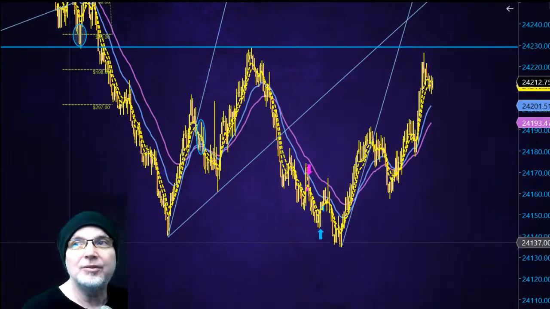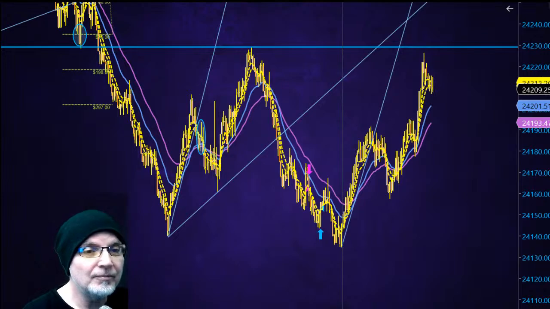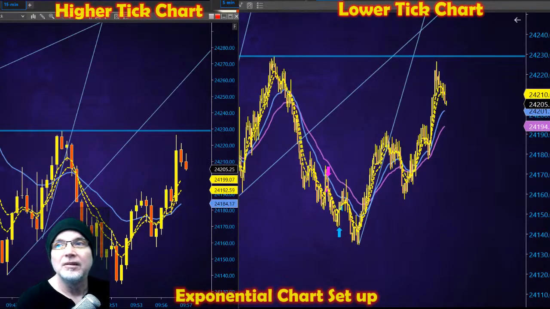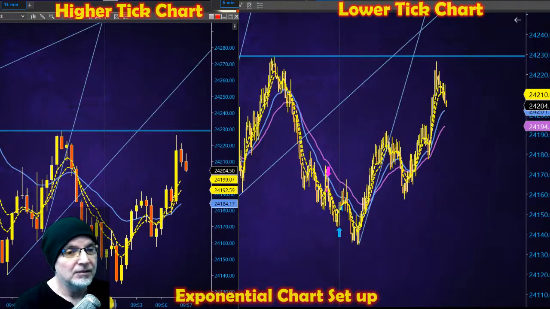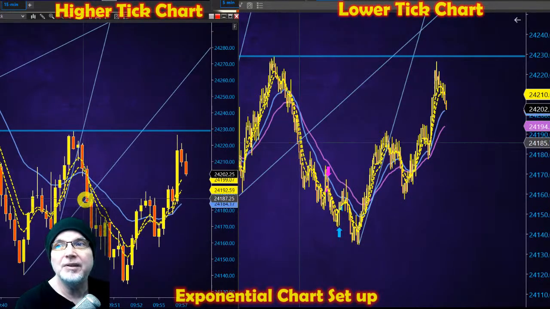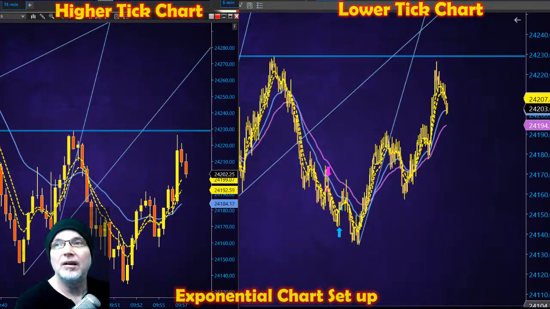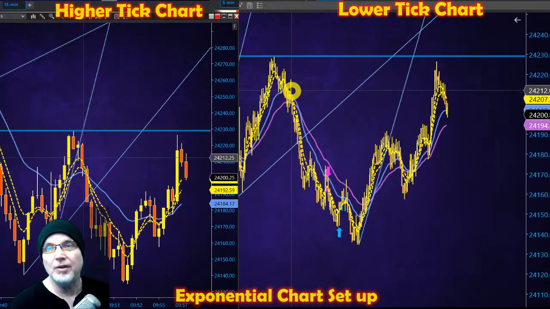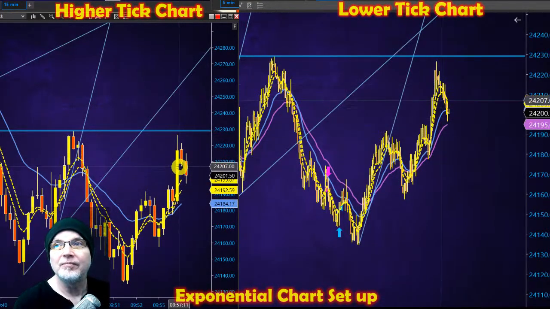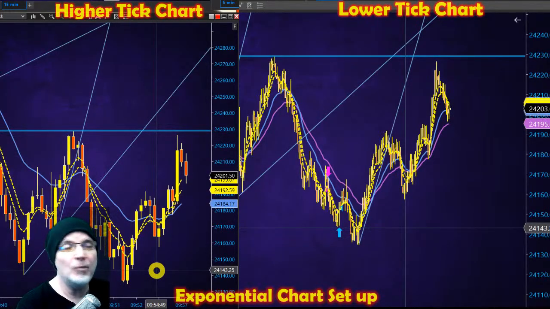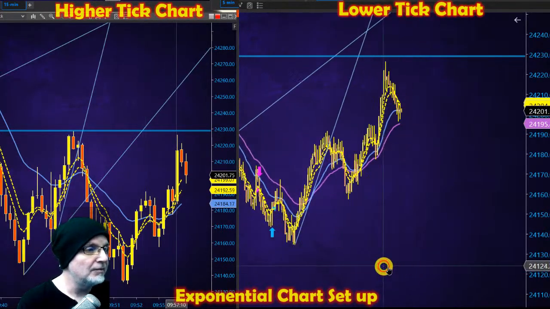Now, if we keep going sideways, then I'll definitely be interested in trend line breaks, even if the higher tick chart is crossing over, because now I see it's crossing over for a second time and it didn't go over the top of that. So that's telling me range a lot more. I'm getting more of a range vibe out of it.